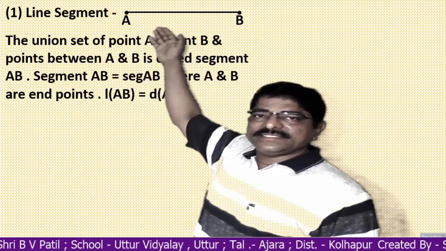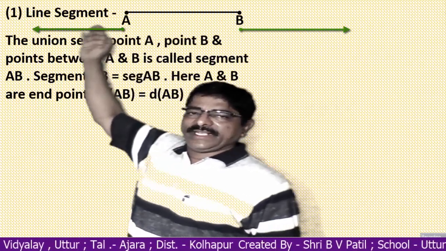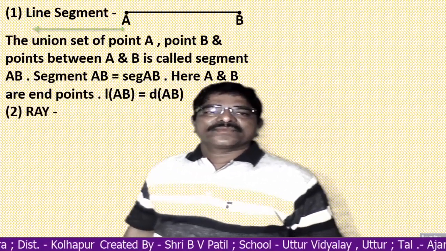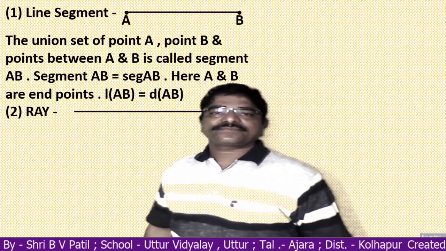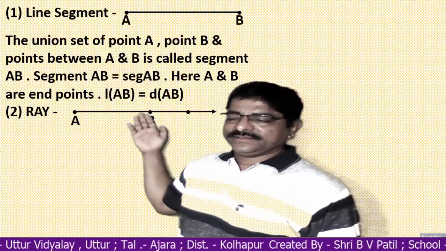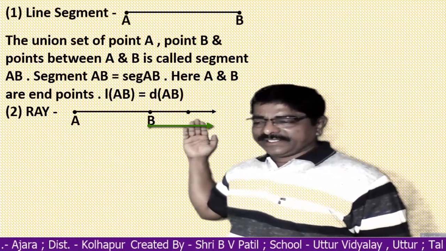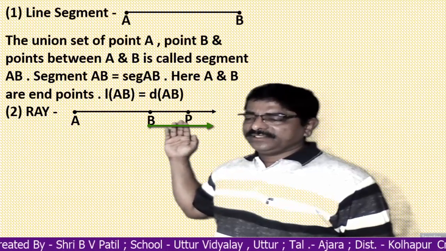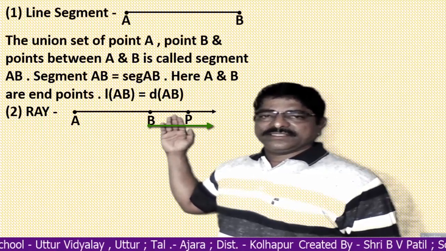If we extend or increase points on the B side or on the A side, then that figure is called a ray. The next part is ray. Here are point A and point B, and we increase a point on the B side, one point P we consider. That point P we take further from B, increasing the distance.